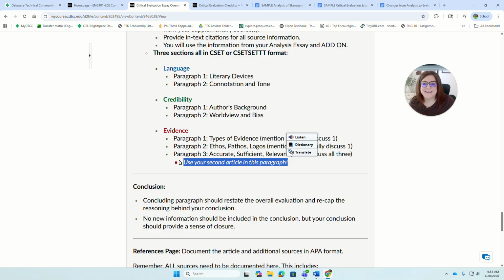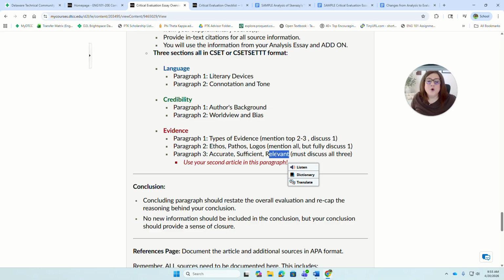He should have done this. So wherever you're using this secondary article, whether it's to prove accuracy or to prove sufficiency or relevancy, whichever one you choose is the one that you should probably discuss the most.